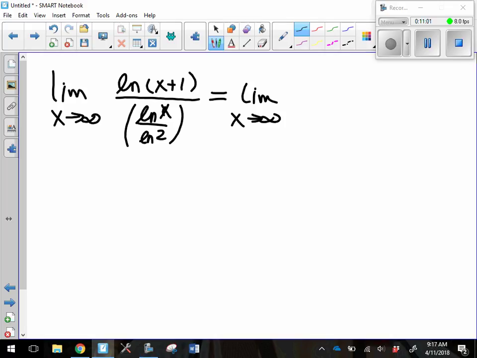So what's the derivative of the natural log of x plus 1 going to be? 1 over x plus 1. And then remember, I have 1 over natural log of 2 hanging out here. And what's the derivative of natural log x going to be? 1 over x.